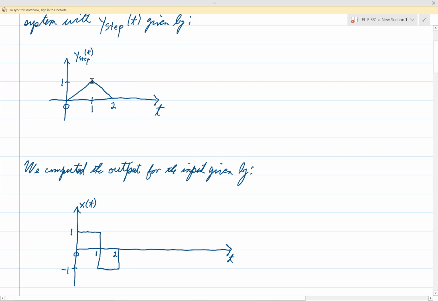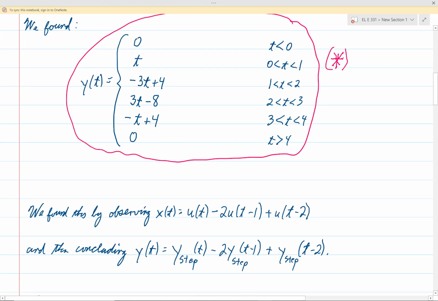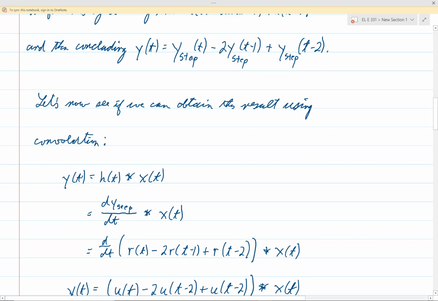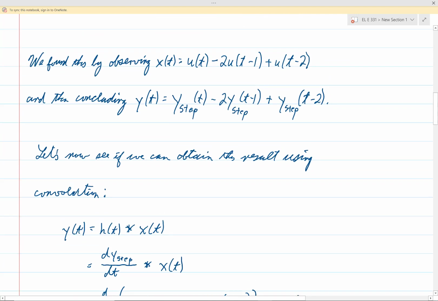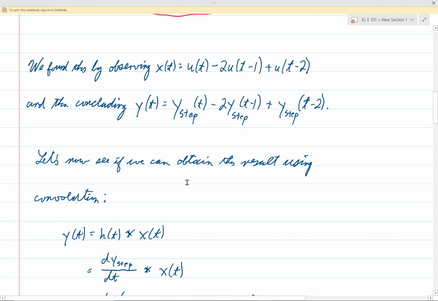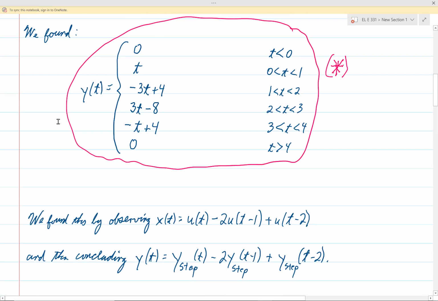You can see it's equal to r of t minus 2r of t minus 1 plus r of t minus 2, and then we plug that in, and we did a fairly significant amount of work to end up with this answer. So that was how we did this problem before.